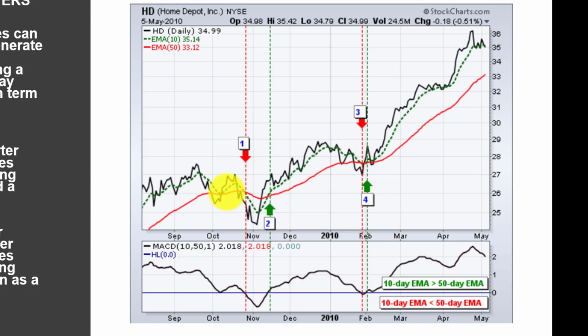Okay, so once that crosses below, at this point here, you can see that it crossed below at point 1, and then the price took a sharp downturn, as you can see here. So that was a bearish or death cross.